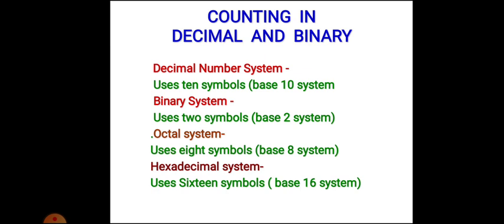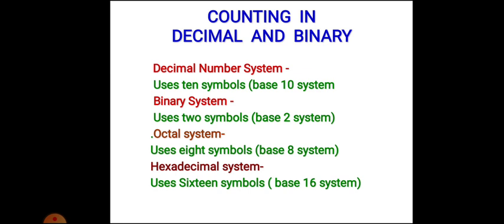Okay, next coming to the final system, that is hexadecimal system. The number system which uses 0 to 9 and A, B, C, D, E, F, total 16 symbols. Once again, the number system which uses 16 symbols.